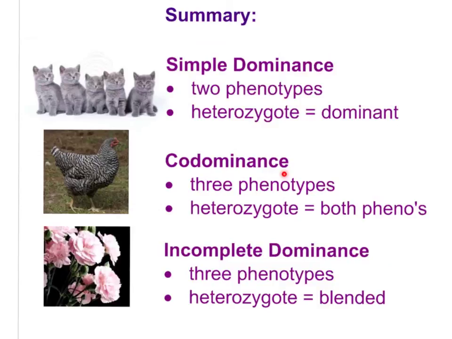Codominance will always have three different phenotypes. The heterozygote of a codominant individual will have both phenotypes expressed. And then we have our third situation, incomplete dominance. In incomplete dominance, we also have three phenotypes, just like in codominance, but the heterozygote appears blended.